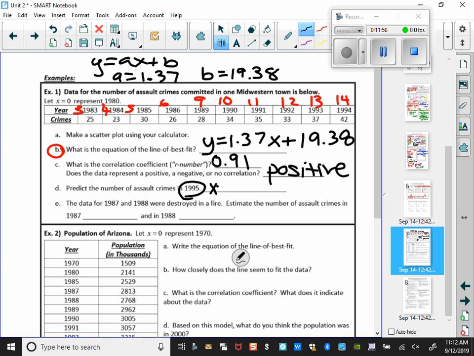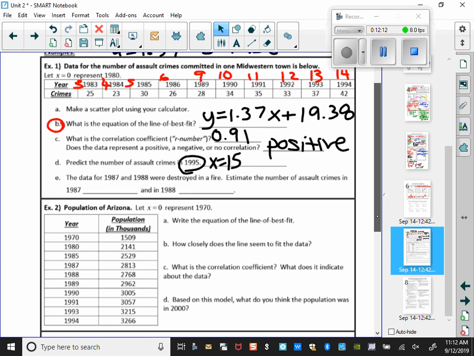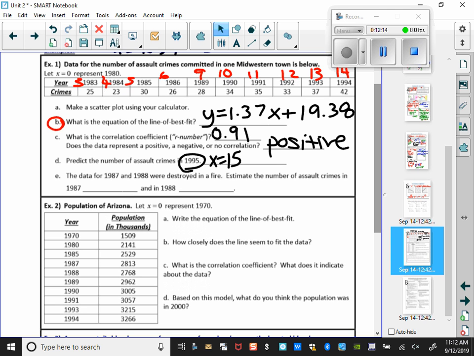So x is really 15 here. Instead of x, you're going to input 15 and figure out what that equals. Then try that same thing for the other two.